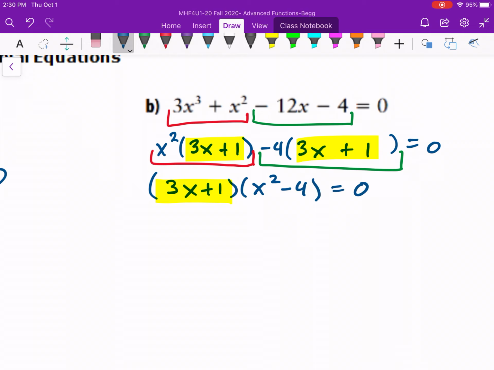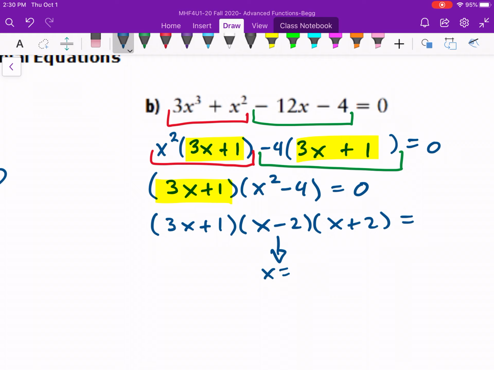And then I can carry on with factoring. 3x plus 1 is factored as far as it can go, but x squared minus 4 is a difference of squares. It can be broken down farther. And then, again, x equals 2, x equals -2, and as far as this one goes, you want the x value that's going to make the bracket equal 0.